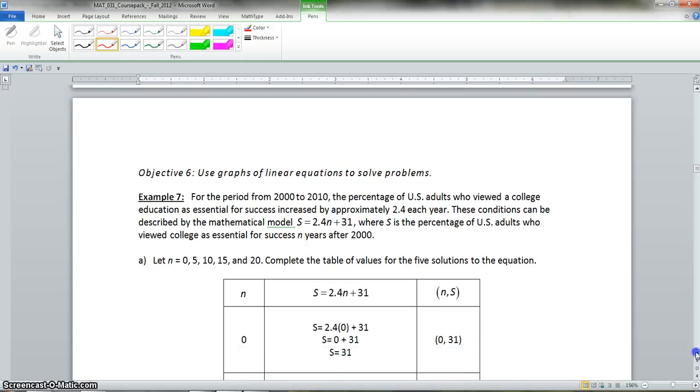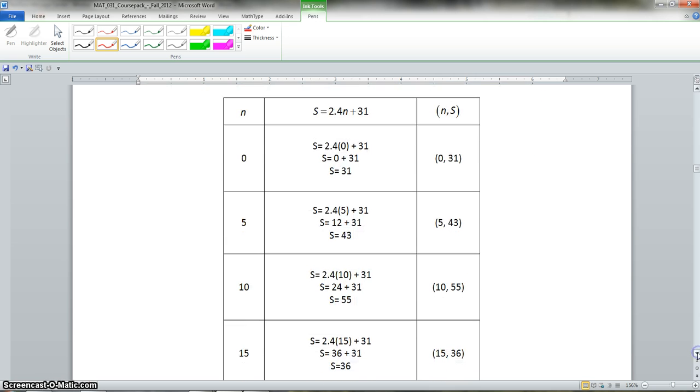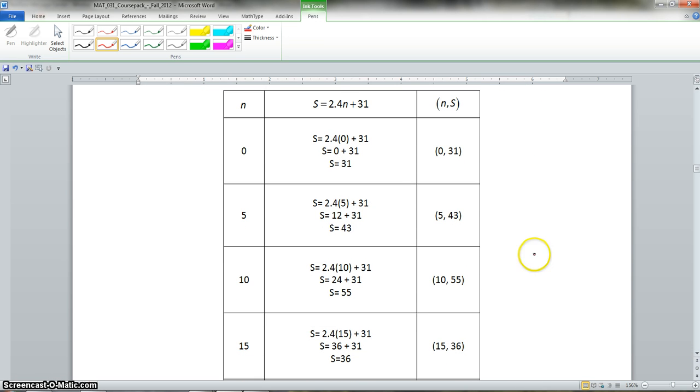Now we scroll down here to example 7. It says objective 6, use graphs of linear equations to solve problems. Okay, we're given this equation, s equals 2.4n plus 31. You can read the description at your leisure. Now, what we're supposed to do, and I filled this in already, we were supposed to do like we did in the other problem earlier.